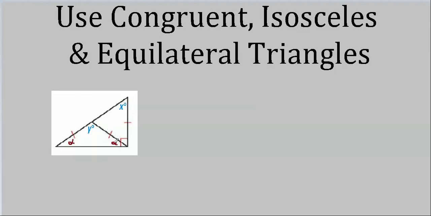So whatever this is, it's congruent to this. And we can say that here also. If this is x, then this is also x here. And that's because these two sides are congruent. Now what we have here is a 90-degree angle.